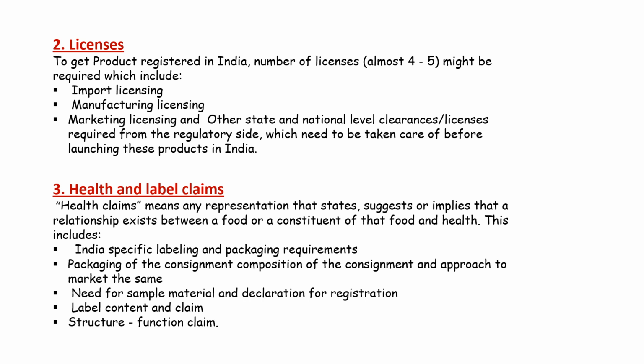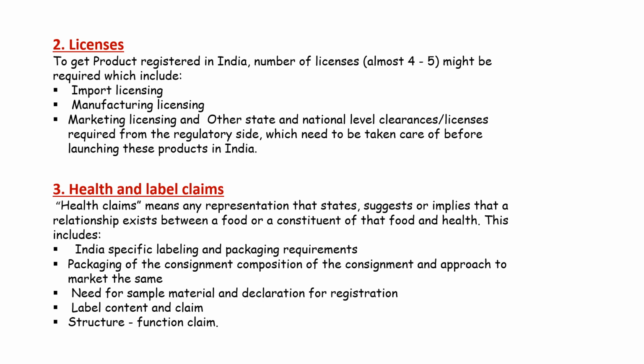And the health claim is further divided into nutrient content claim, reduction of disease claim, and structure function claim. That means the labeling should claim certain things, that it reduces the risk of certain disease, and such. So in nutrient content claim, for example, no fat, high fiber, no added sugar, such things should be there.